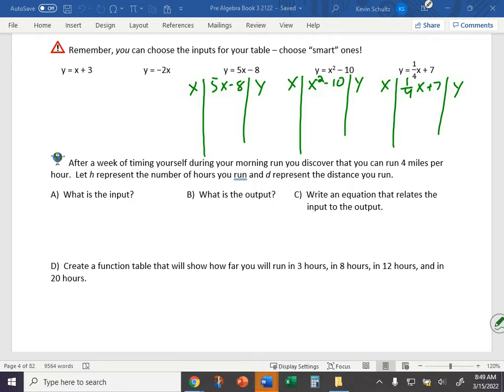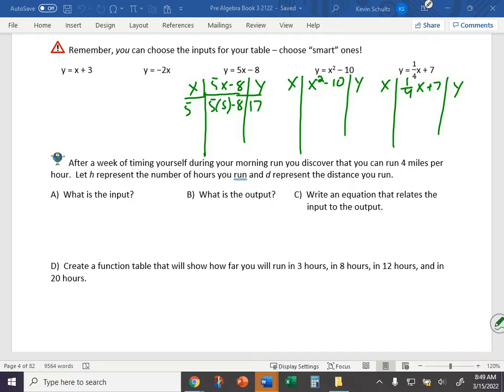When x is 5, our equation becomes 5 times 5 minus 8, and what do we get? What's your output? 17, I think, right? Yep. 25 minus 8? 17.